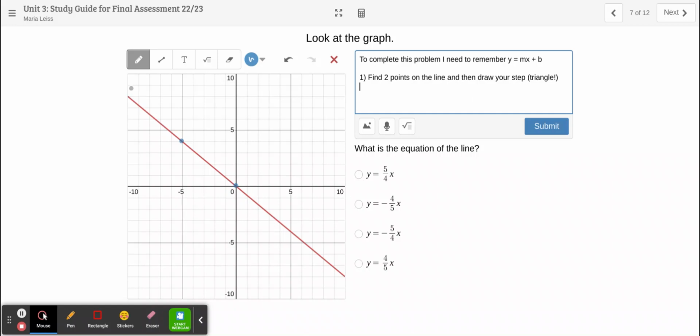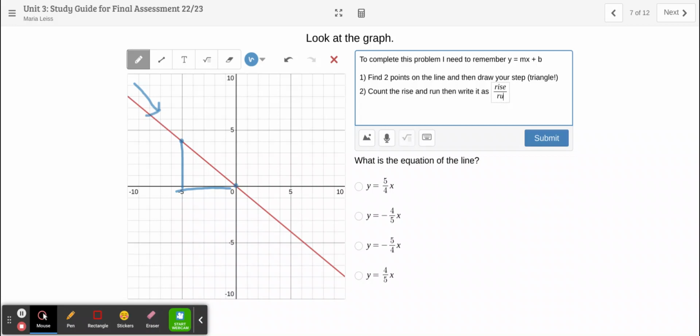Now to draw my step, remember, my line is going down. Okay, so I'm going to draw my step going down. All right. After I've drawn my step, next, count the rise and the run. Then write it as rise over run.